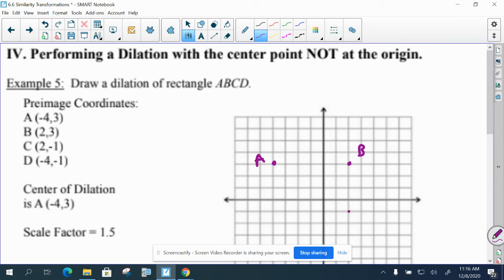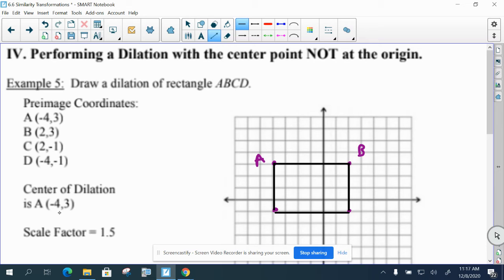Then 2, -1, -4, -1. All right, and your center of dilation is -4, 3.